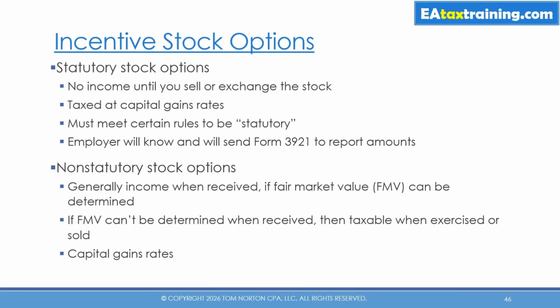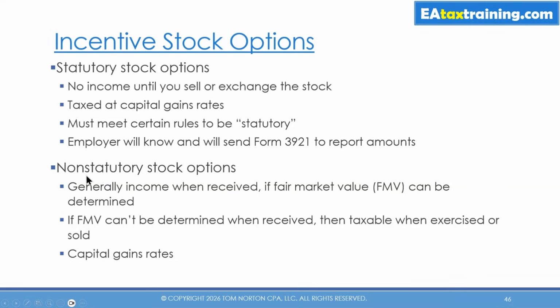Incentive stock options. This is a repeat slide from our last video, so I'm just reminding you of it. If you get an incentive stock option from your employer, as long as it is a statutory option, which most of them are, then there is no income on that when you receive that option. You don't pay any tax on it until you sell the actual stock itself.